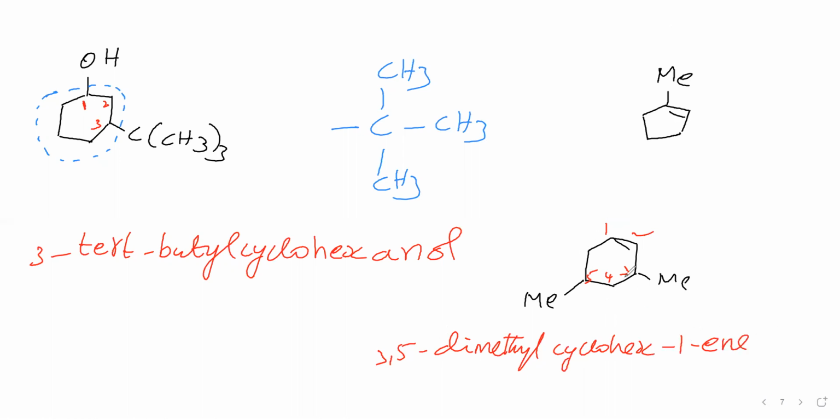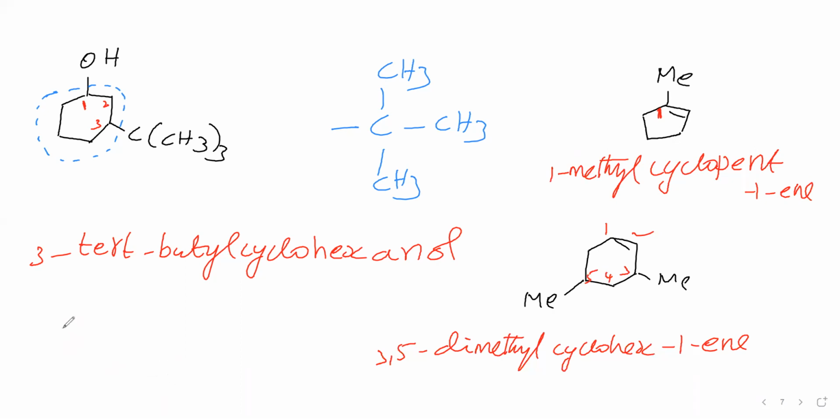Double bond position is 1, and the double bond we are saying as primary suffix, that is ene. Now we'll say the name of this compound. Here number 1 we have to give here, because the branch will get the least position and the double bond also will get the least position. Therefore we can say 1-methyl, and it is a cyclic compound, therefore cyclo, 5 carbon atoms, therefore pent, and double bond position is 1. So 1-methylcyclopent-1-ene is the name of this.